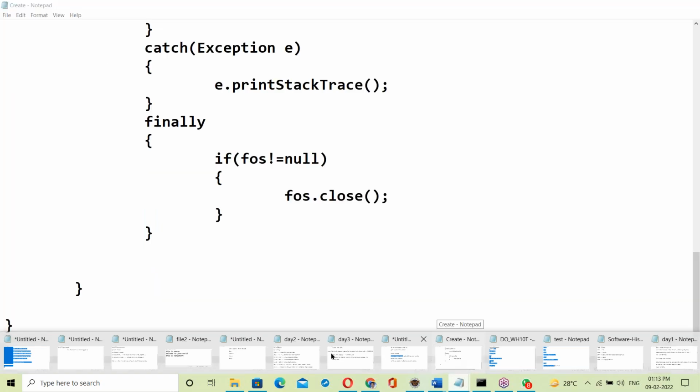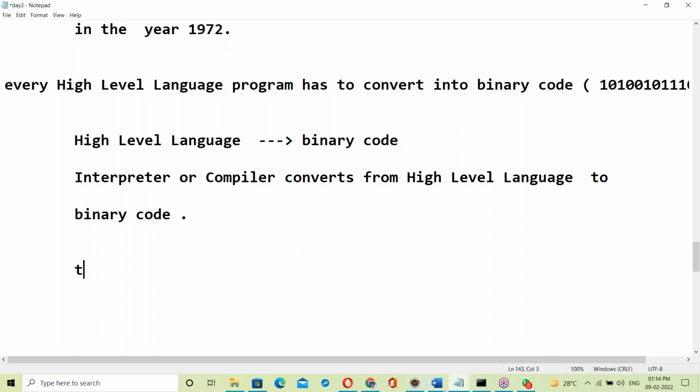So tomorrow's class is on the same link, till Saturday, same time, till the end of the batch.